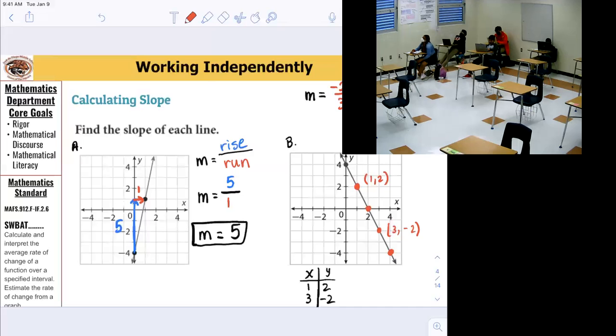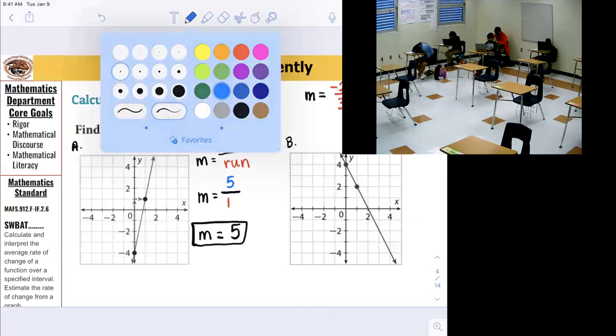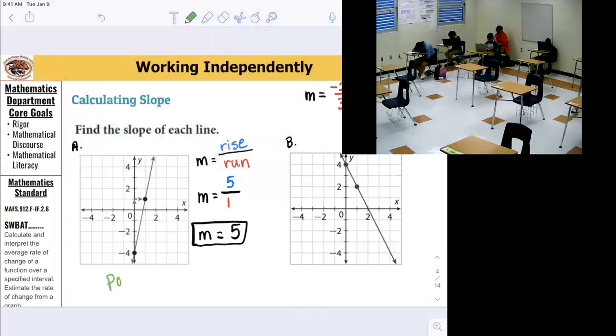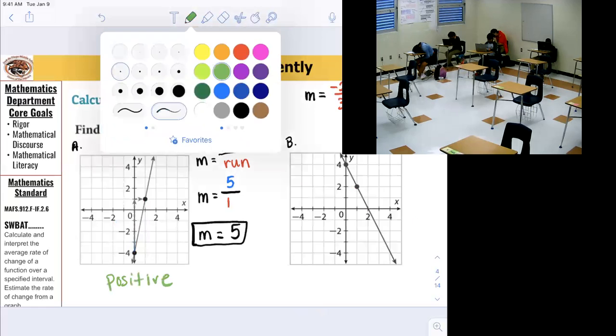Okay, so to summarize everything, I'm going to delete a couple of things here just to make things very clear. In example A, I had a positive slope. In example B, I had a negative slope.